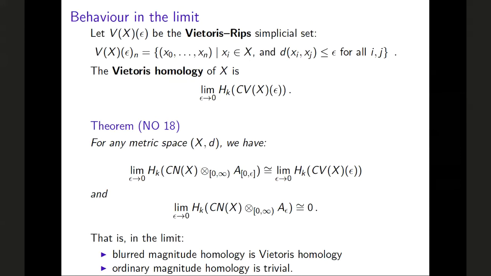But as I said, one can define Euler characteristics in a very general setting. So one could also ask, let's forget about magnitude in that sense, and just look at persistent homology.